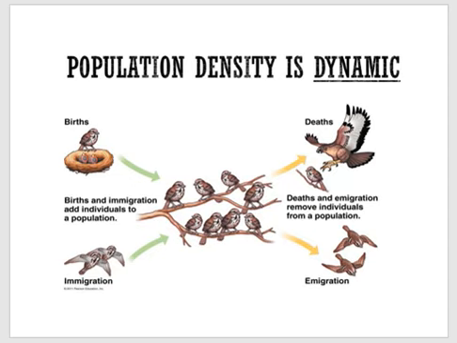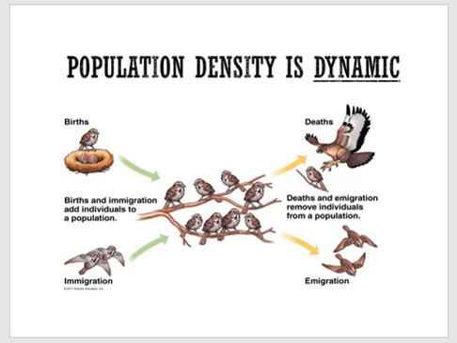Again, there are dynamic processes in operation that contribute to changes in the size and composition of populations over time. There are several factors that allow for these fluctuations. Again, it can be environmental changes. It could be the presence of new species that may be deleterious to the survival of another population.